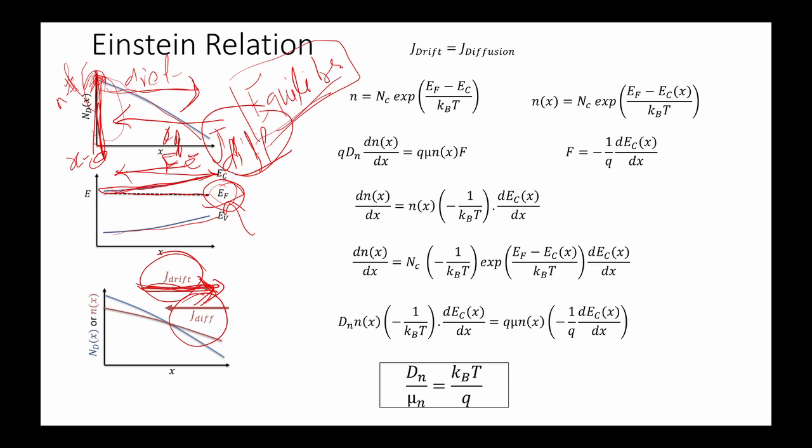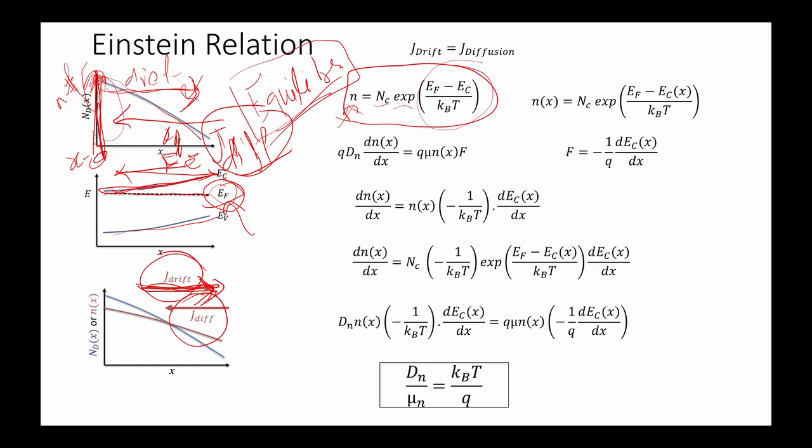we know how the concentration of electrons in the semiconductor varies. This n is given by n = Nc exp((Ef - Ec)/kT), a relationship we have already established between the concentration and the Fermi level and conduction band.